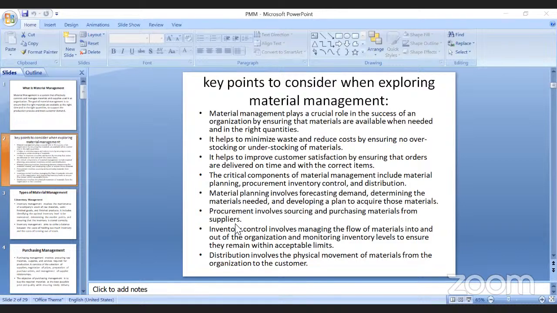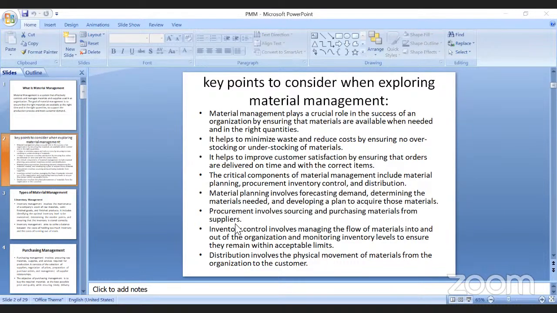Suppose you have a warehouse. You have to stock the materials. You have to check how much is within the limits, and accordingly you have to manage the requirement and the flow of materials, right?